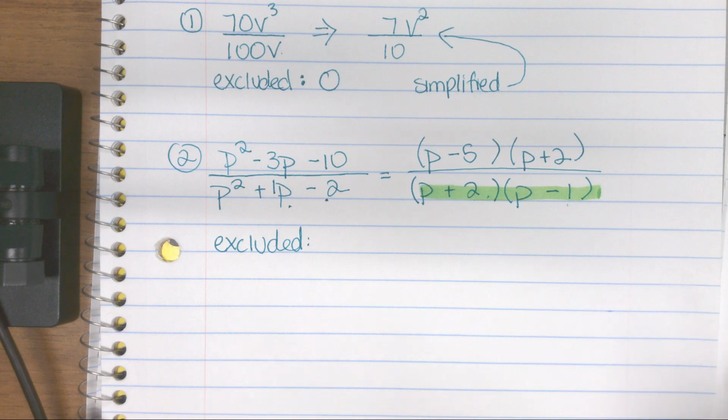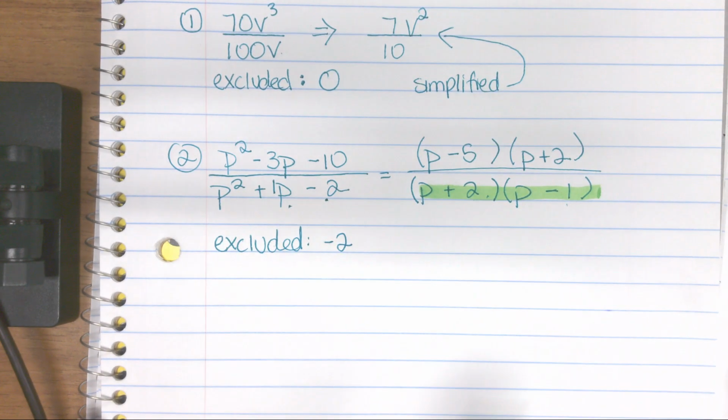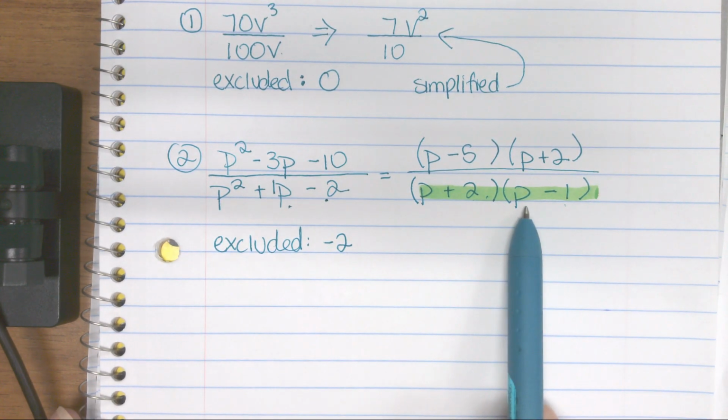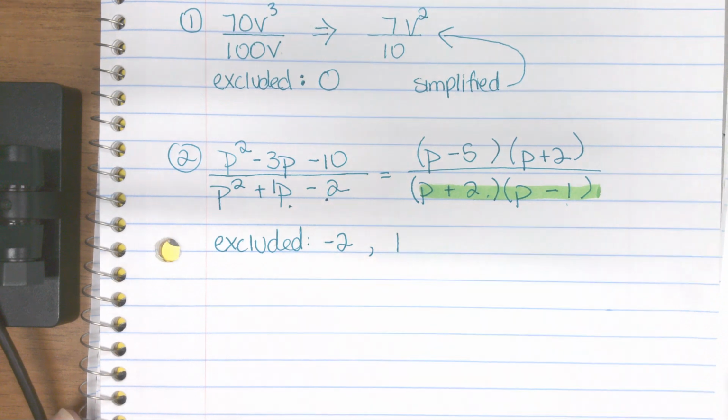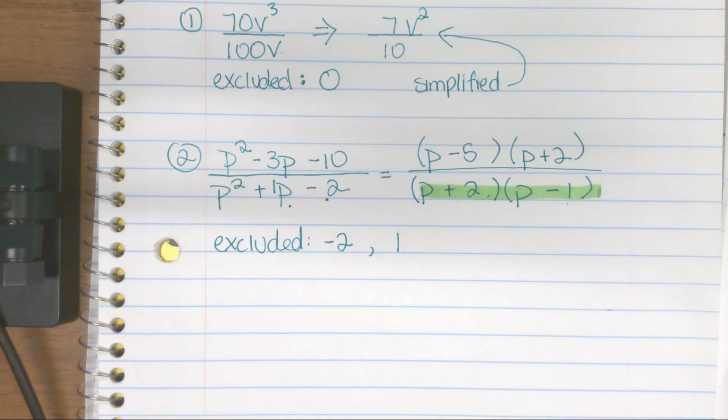So -2 would have to be excluded. And if I put 1 into the second parentheses, that would also make the bottom 0. Notice I am not finding the zeros of the top. Those are not excluded, because it's only when we divide by 0 that the function's undefined. So those are the excluded values.